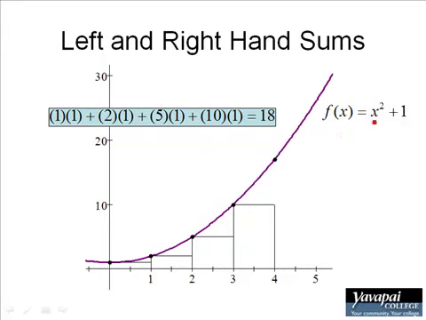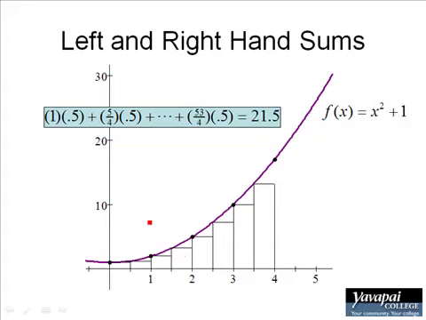So when we put 3 in here, we get 3 squared plus 1, or 10. So this rectangle is 10 high, 1 wide, so 10 times 1. So when we take 1 times 1, plus 2 times 1, plus 5 times 1, plus 10 times 1, I get a total of 18 units. And again, this is an underestimate of the area because I'm not getting the area in these little triangles here.